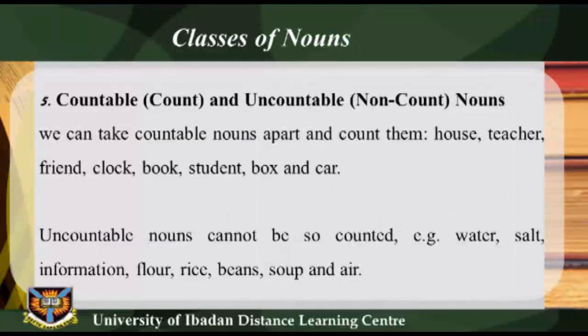Countable, count, and uncountable, non-count nouns. We can also draw a line between nouns that can be counted, count nouns, and those that cannot be counted, non-count nouns. The following words belong to the class of countable nouns because we can take them apart and count them: house, teacher, friend, clock, book, student, box, and car.